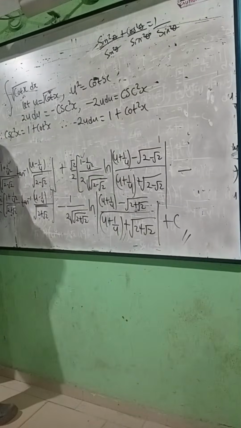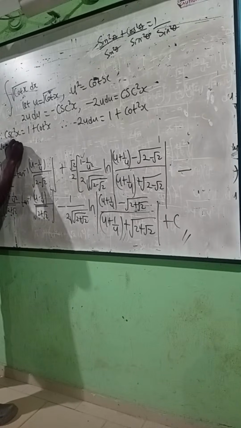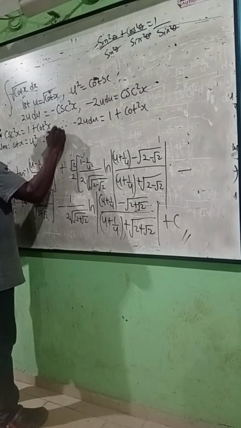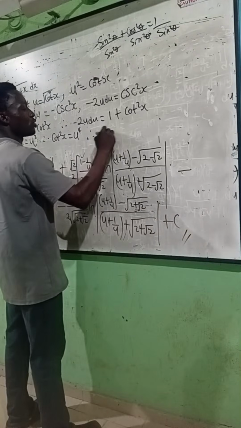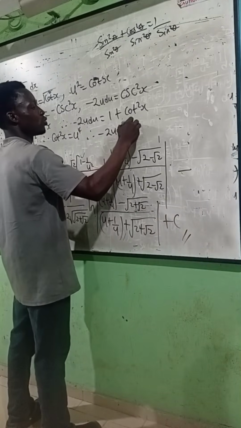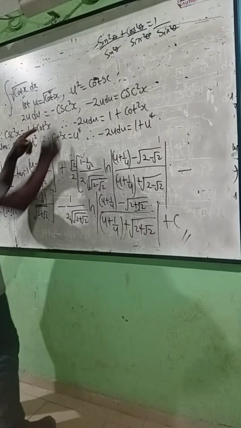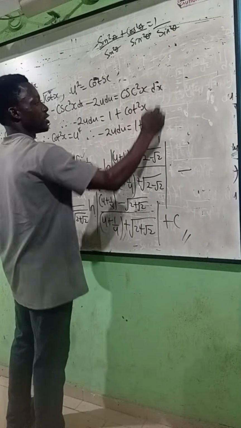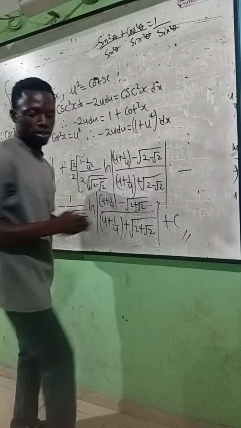And since cot x equals to u square, therefore cot square x equals to u raised to power 4. Therefore minus 2u du equals to 1 plus u raised to power 4, sorry, we have to add the dx here.